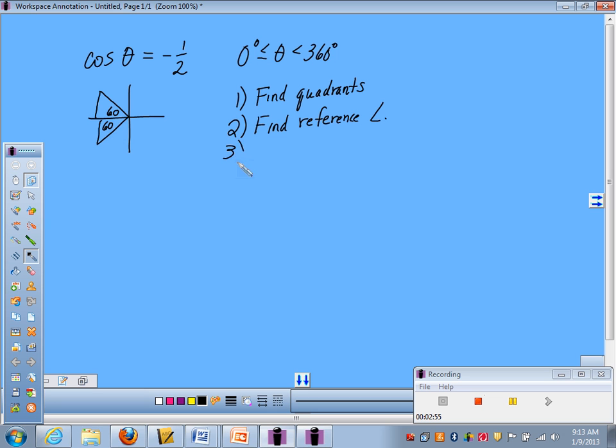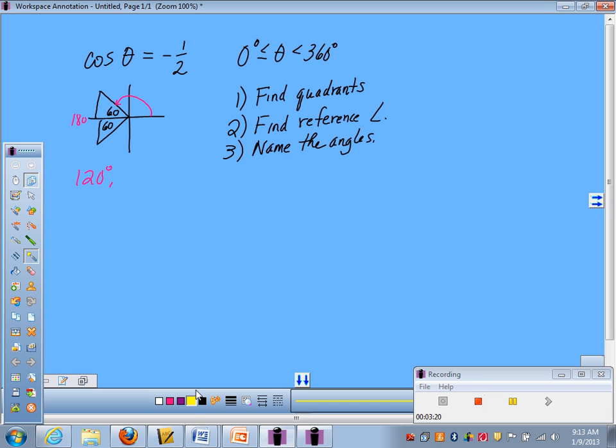Then finally the last step is name the angles. If you're going to name the angles, you're saying from 0 over to that line, how many degrees is it? Well, if this is the 180, aren't you 60 degrees short of that? So you're at 120 degrees.